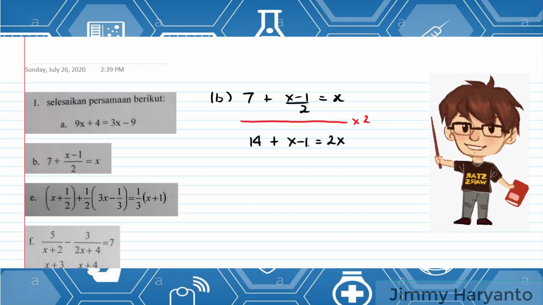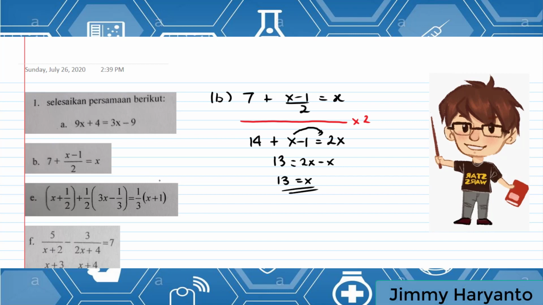And then 14 minus 1, it will become 13. We move this x to the right side, x minus x. We have 13 equals to x. So x equals to 13. The solution is x equals to 13.